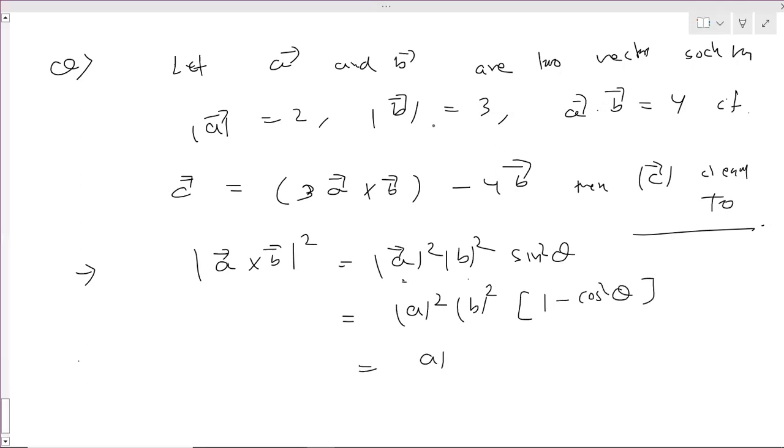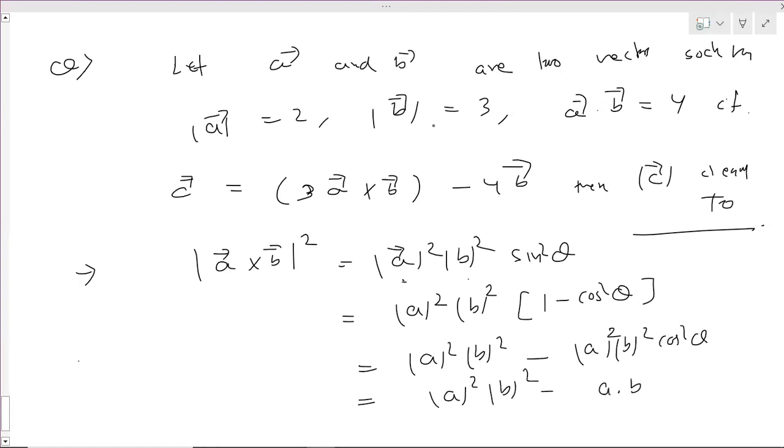If we open the brackets, this is A square B square minus A square B square cos square theta. So again, I can rewrite this as A square B square minus A dot B whole square. Always remember A cross B can be used as this without knowing the angle. So now you can solve this. Please find the answer.